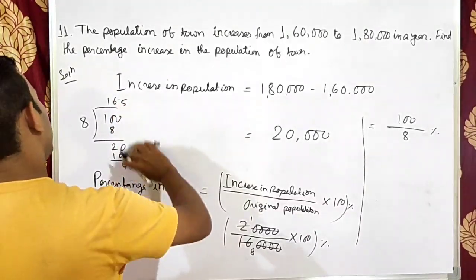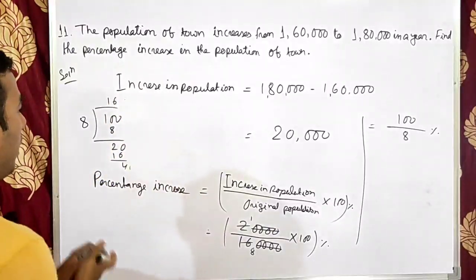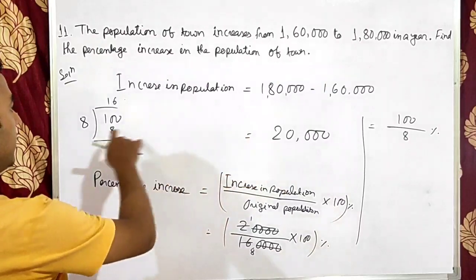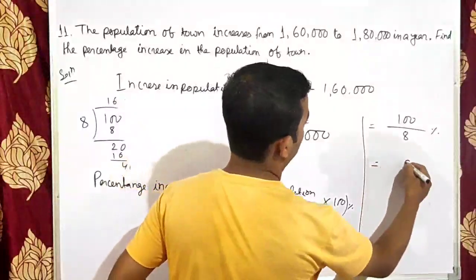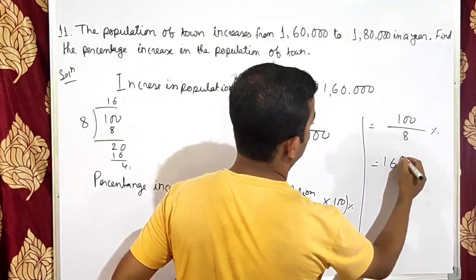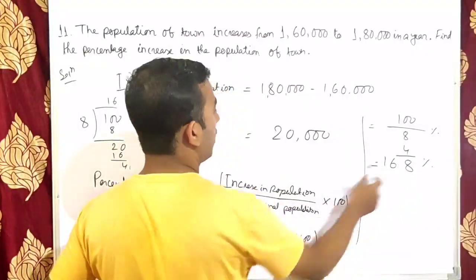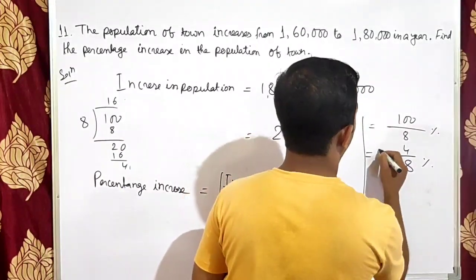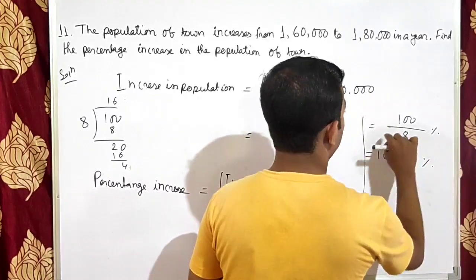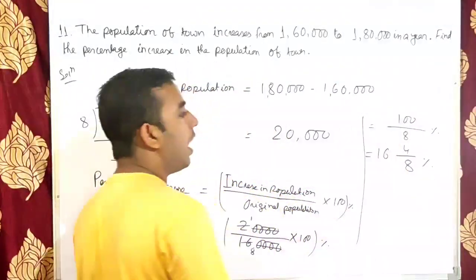Sorry, we are not converting into decimal. So can we write 100 divided by 8 as 8 into 12 plus 4, that is 8 into 12 plus 4%? This is the mixed fraction, whose value and this value are the same. 8 into 12 then plus 4 is 100.